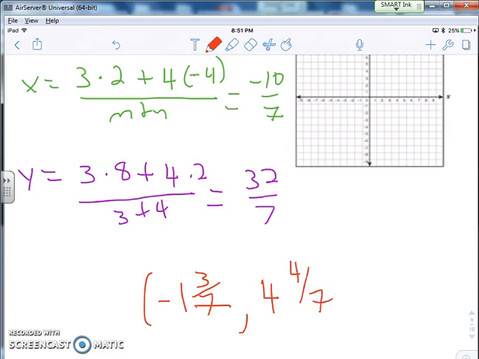Probably should use decimals or mixed numbers when we're on a coordinate plane. Alright, go ahead and pause or rewind. Here's my work. The only thing I should have put here was 3 plus 4. Okay, that looks good. Alright, let's go on.